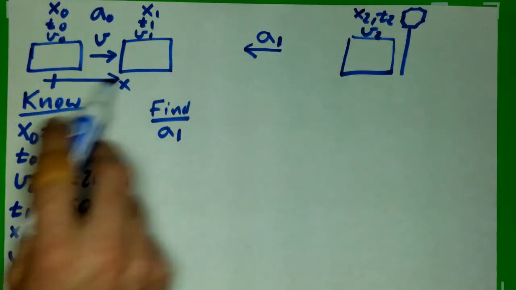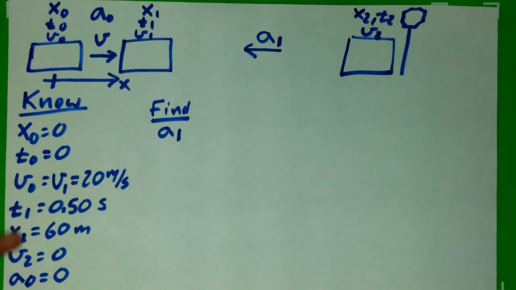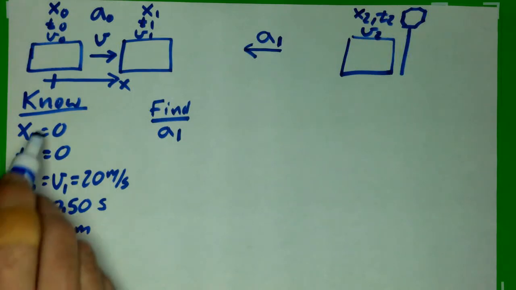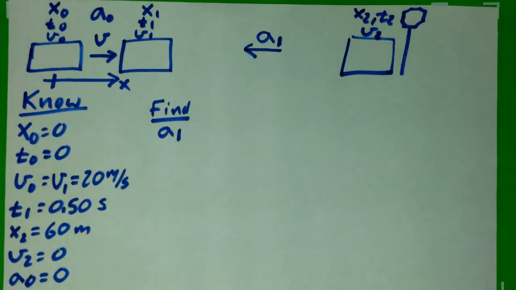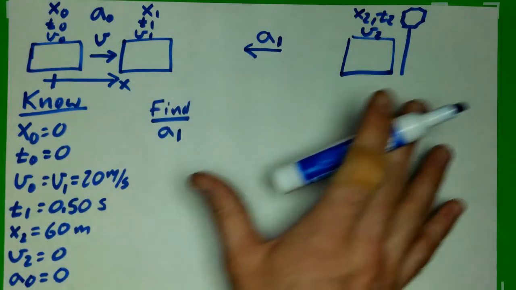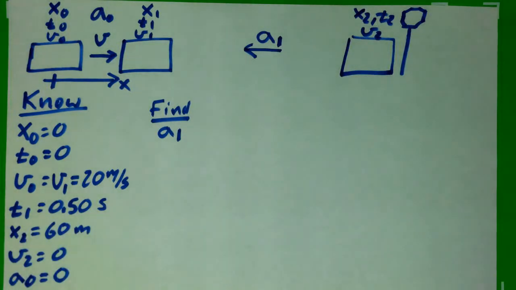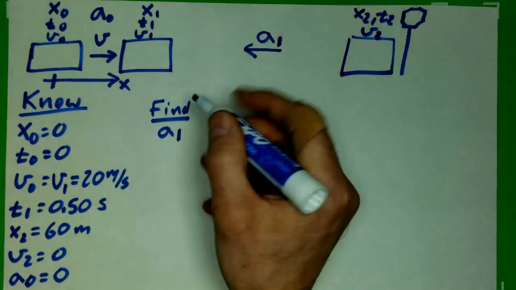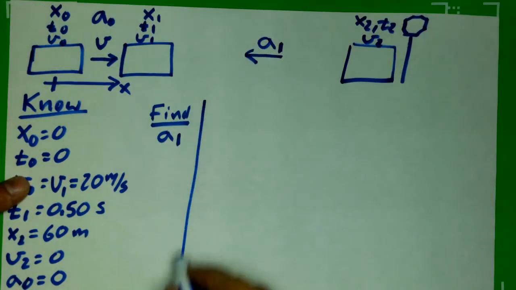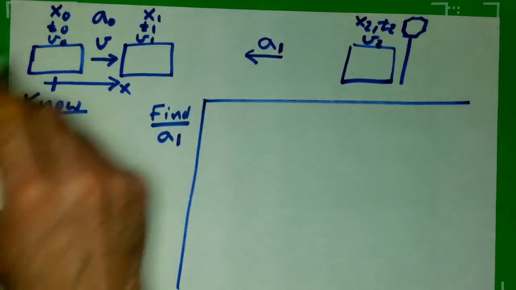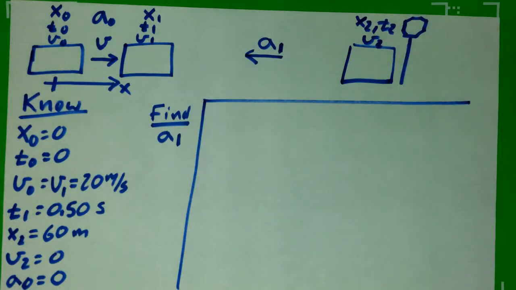And we've established a coordinate system, listing all our knowns, particularly things that we know are 0, and then stating what we are looking for. So with all that care taken, we can now effectively and accurately use our tools, our equations, that describe the relationship between all these variables. Okay, so let's start.